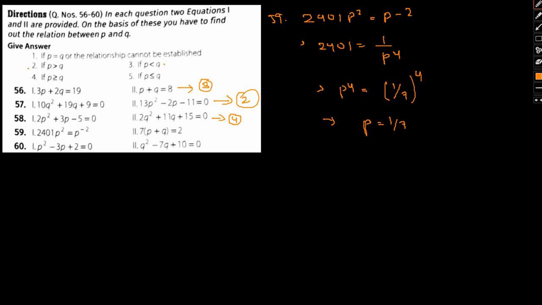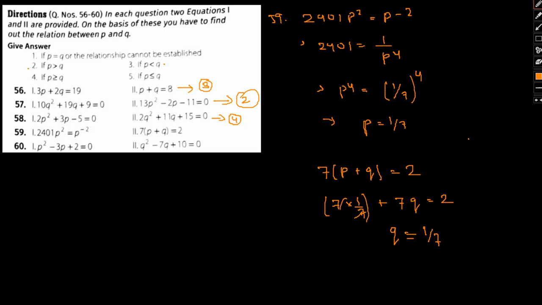Again, from the second equation we have 7p plus q equal to 2. Okay, so here p we already know is 1 by 7, so 7 into 1 by 7 plus 7q equal to 2. So q again would come out to be 1 by 7.